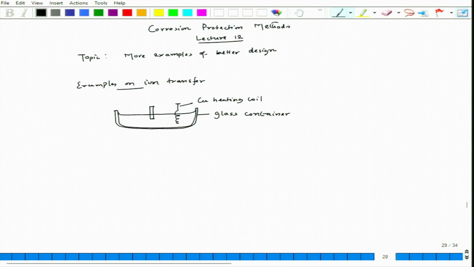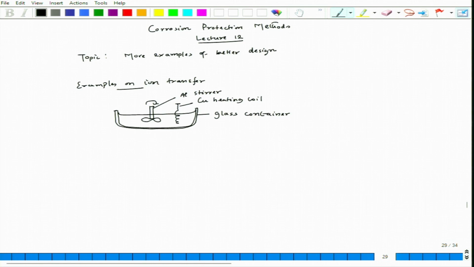Let us say this stirrer is made of aluminum and there is a rotation. So, the glass container definitely will not experience much corrosion effect, almost nil corrosion. Now, the problem will be on the aluminum stirrer.